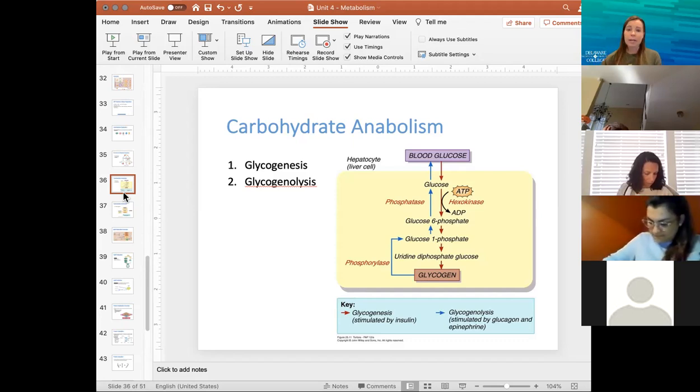So carbohydrate catabolism, the breakdown of carbohydrates, the main one being glucose, is performed through cellular respiration, which is the process I was just describing.